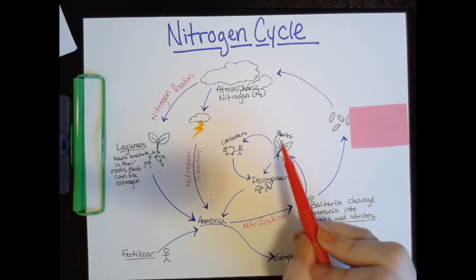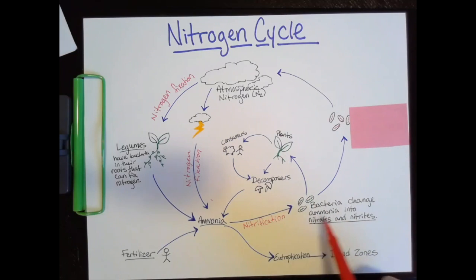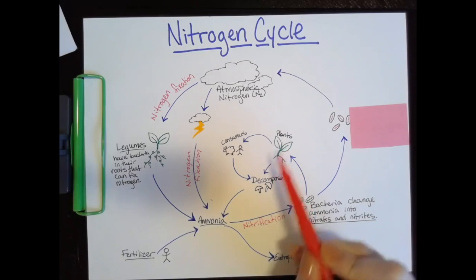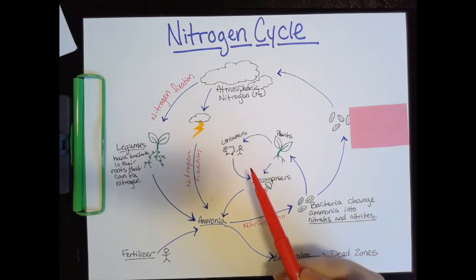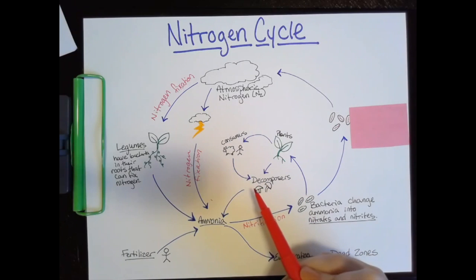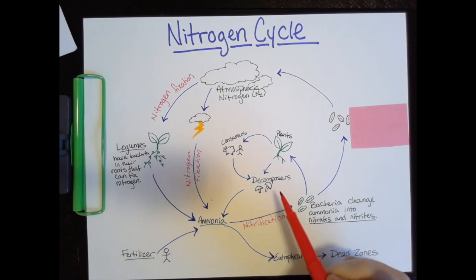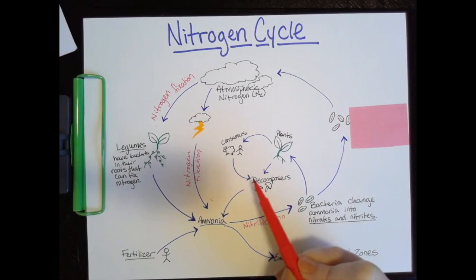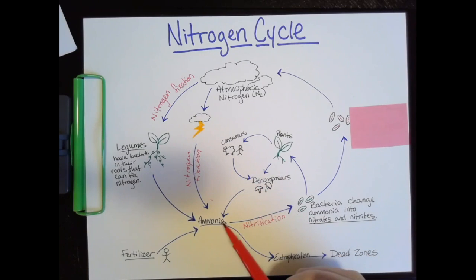Once those plants die, or those people or animals die, they decompose. And our decomposers, our fungi or our bacteria, can turn those back into ammonia, and they add it back to the soil.